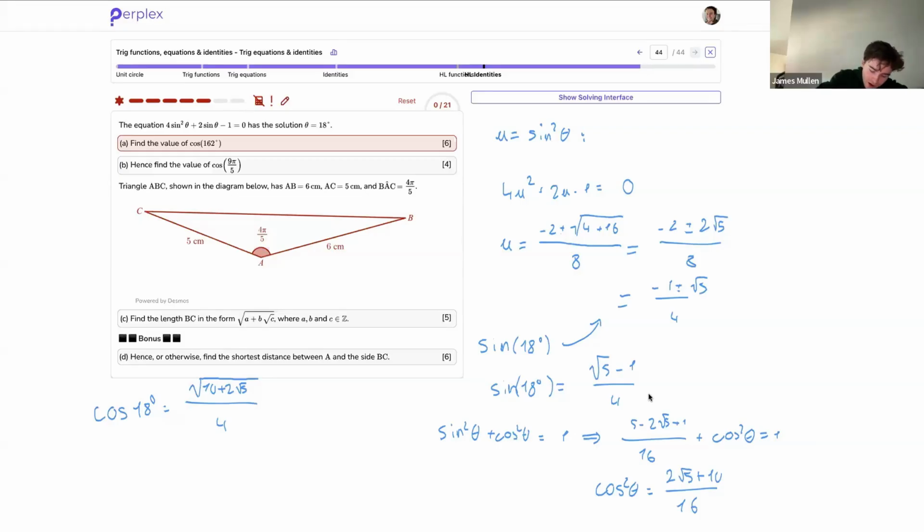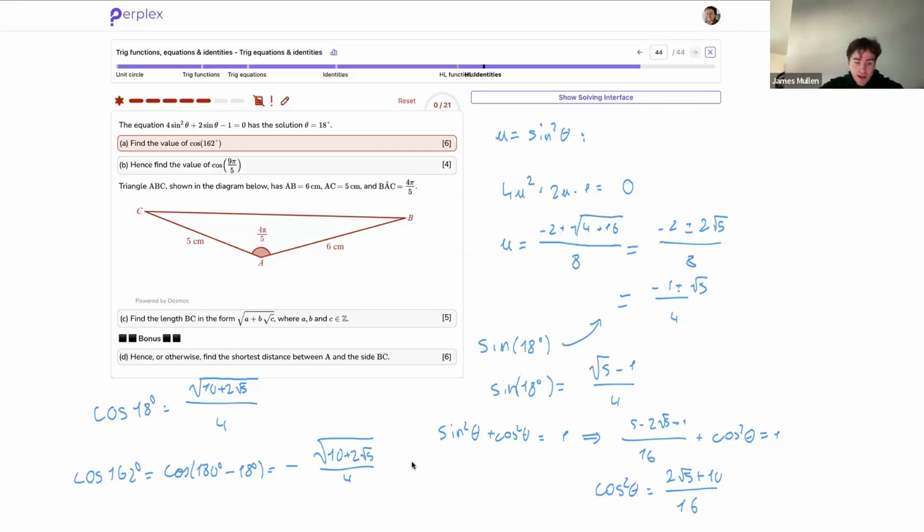And then cos of 162 degrees is cos of 180 degrees minus 18 degrees, which is equal to negative cosine. When I reflect it in the line y is equal to 0, I get negative cosine. So this should be negative the square root of 10 plus 2 root 5, all over 4.